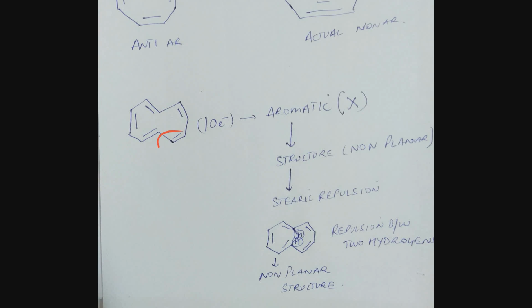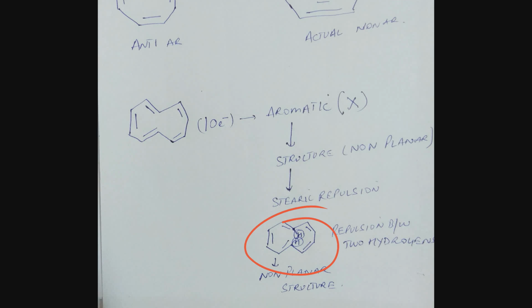Our last example is this aniline-type structure. We can easily count that there are 10 electrons, and this fits into the category of aromatic compounds according to the rule 4n plus 2 pi. If we put n equal to 2, then 4 into 2 plus 2 equals 10 electrons, so this must be aromatic. But if we analyze its structure, there are two hydrogens very close to each other. They are so close that they cause steric repulsion, and again the molecule becomes non-planar.